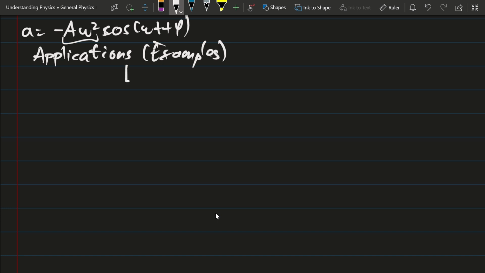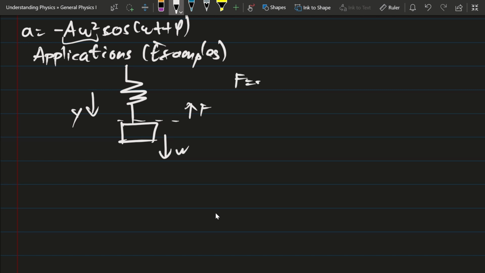For example, if you attach a spring as well as an object, we will see that there's a force of weight going down, while you would have a force going up, with the y going down. So you would know that the spring force will be negative ky.